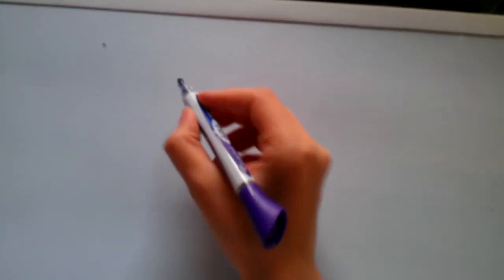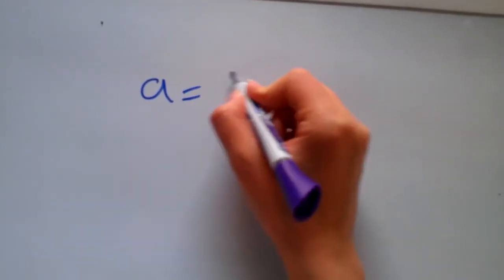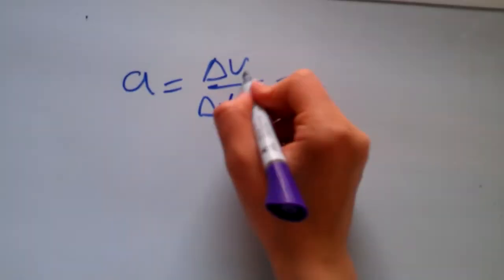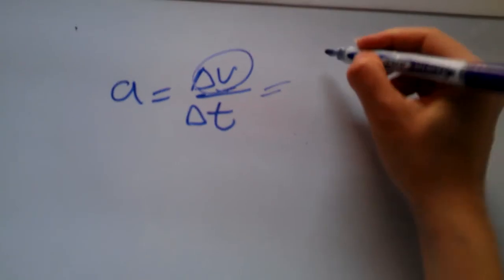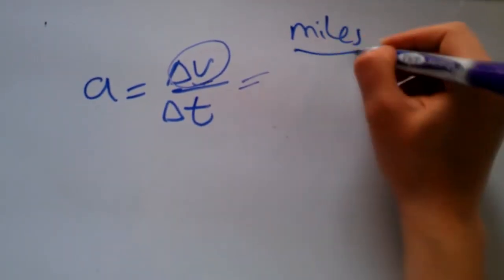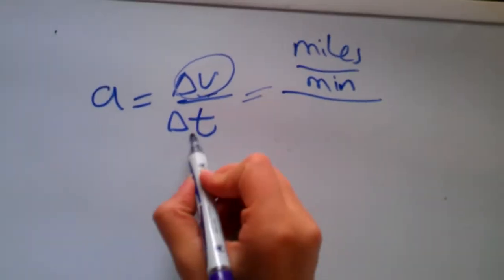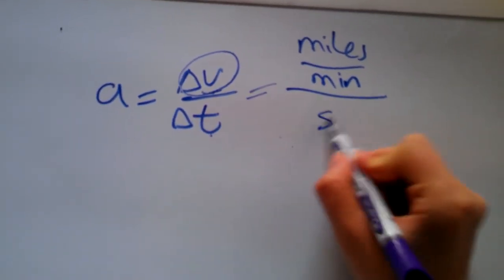The other thing I would like to stress once more is the fact that for acceleration, because it's changing velocity over some time, depending on what units for velocity you have, maybe it's even miles per minute. It depends on the question, right? And maybe time is in seconds.